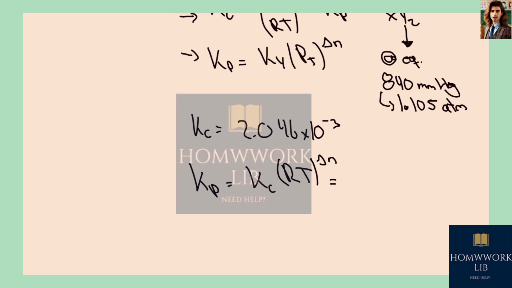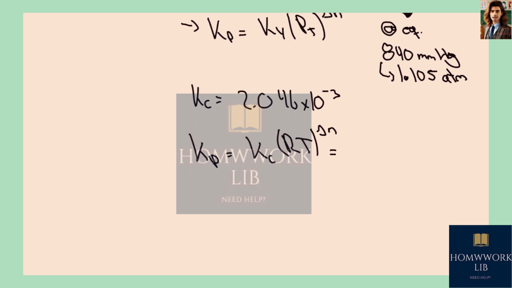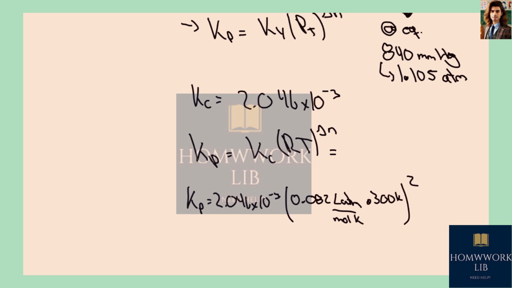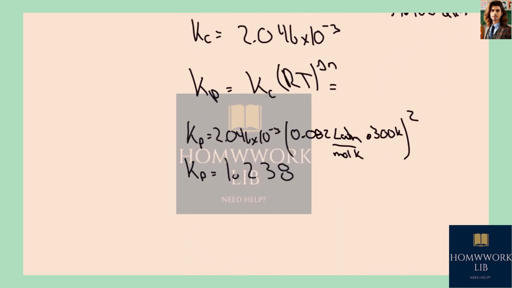Actually, let me put it down here because we're not going to have enough space. So Kp would be equal to 2.046 times 10 to the minus 3. This is the value for Kc, times RT, 0.082 liter atmospheres over mole Kelvin. Notice that over here we have the definition of molarity, times 300 Kelvin squared. So Kp will be equal to 1.238.